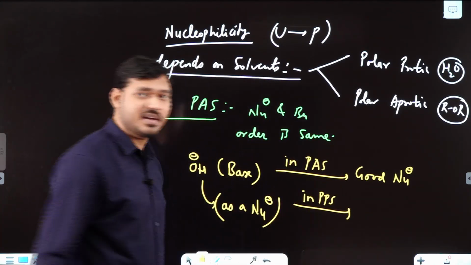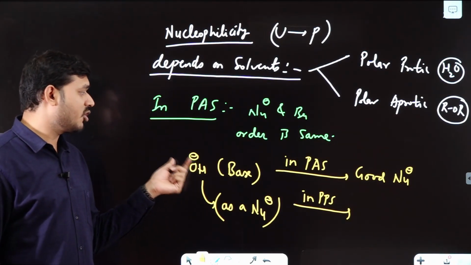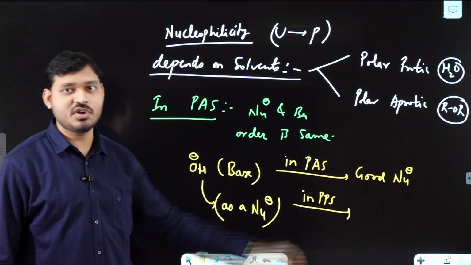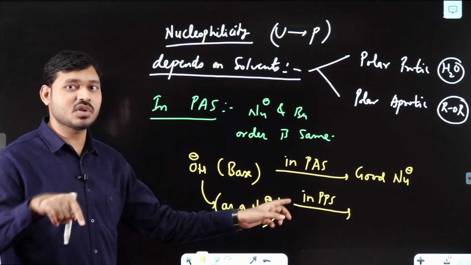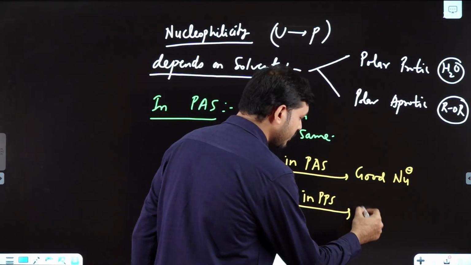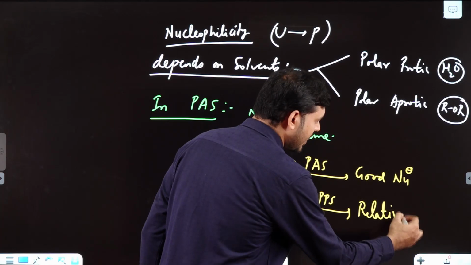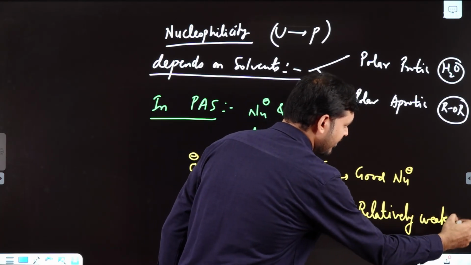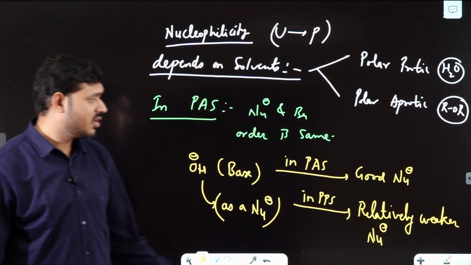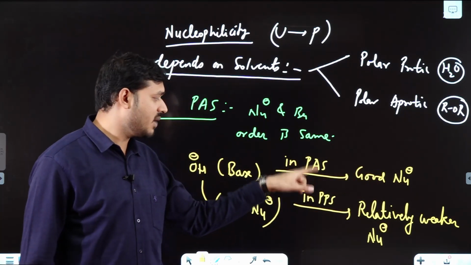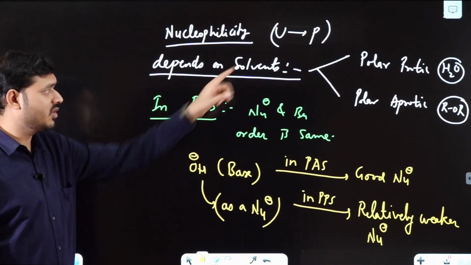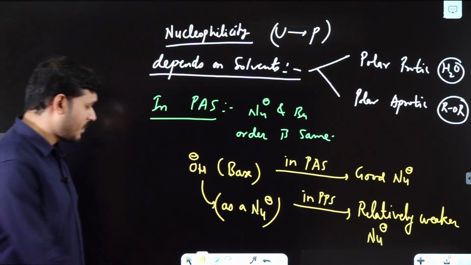In polar protic solvent, here I am talking about OH minus as a nucleophile, it will have interaction with the solvent as well. So it will be a relatively weaker nucleophile. I think you have understood the difference between the two cases. Relative to polar aprotic, in polar protic it will be a relatively weaker nucleophile. Clear? I think you have understood the difference between the two solvents with nucleophilicity.